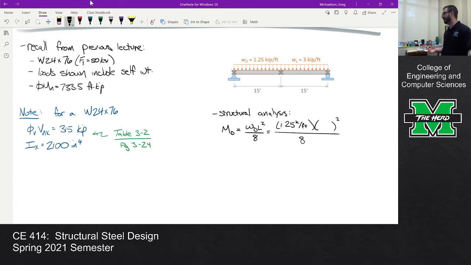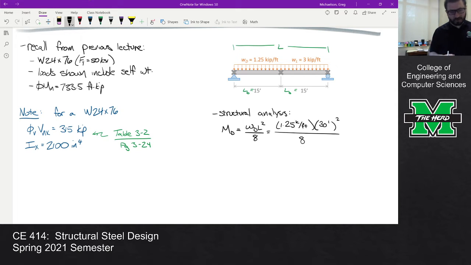I want to make sure everybody's paying attention. It's 30 feet. Yeah, we're using the actual length of the beam. This is structural analysis, so I care about this dimension. This dimension is LB.